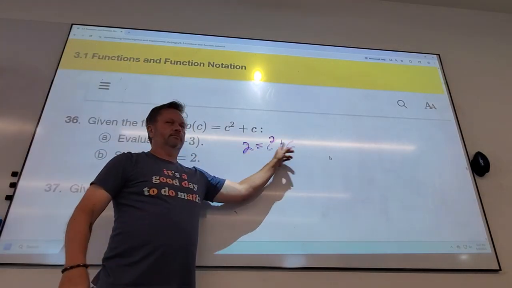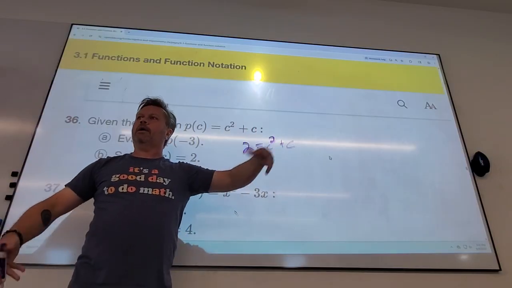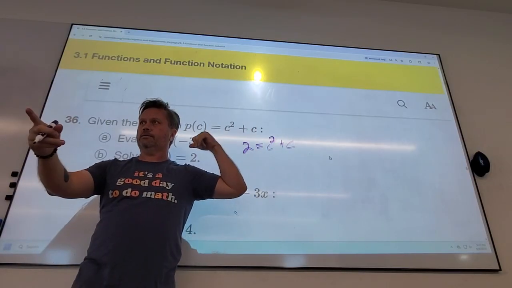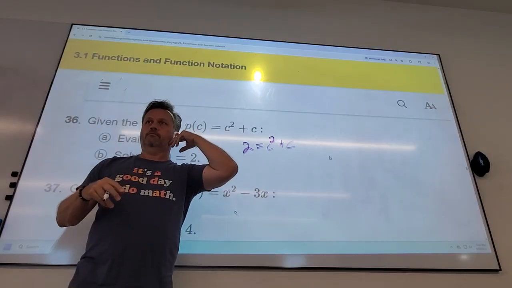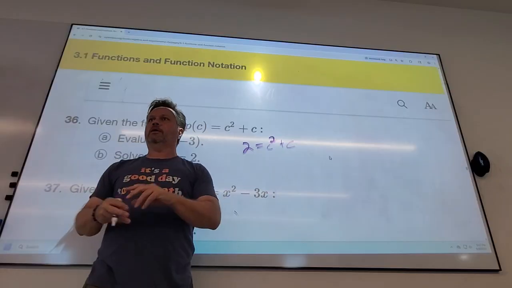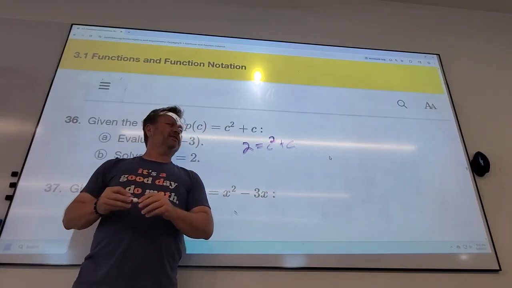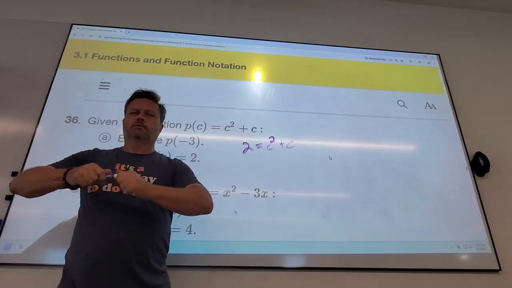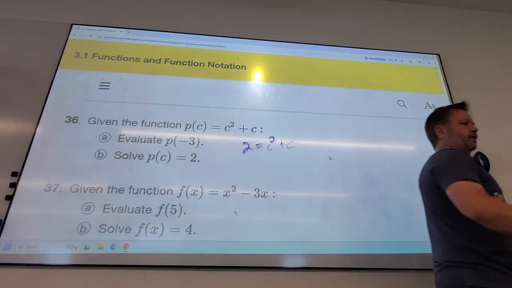I cannot do that here, so we have to have another way around this. That's where we subtract the 2, get it equal to 0, and factor, yes? So then you'll get the other answer. You'll get 1, but you'll also get the other answer. Now you could sit there and guess and check until you get it, but I highly recommend you don't do that.